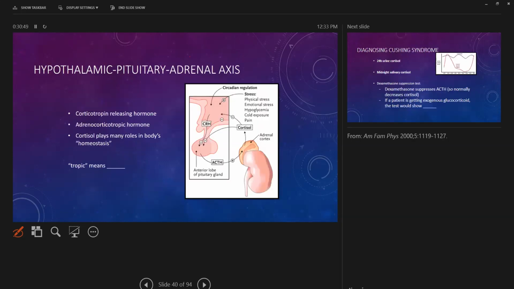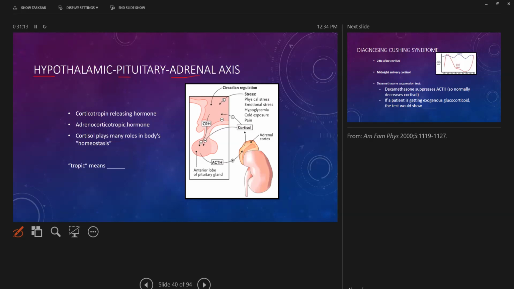Okay, hypothalamic pituitary adrenal axis. Boy, this is a lot of mechanisms, and it just all blends together after a while. So the hypothalamic pituitary adrenal axis. Let's break that down. So hypothalamic to the pituitary, right?